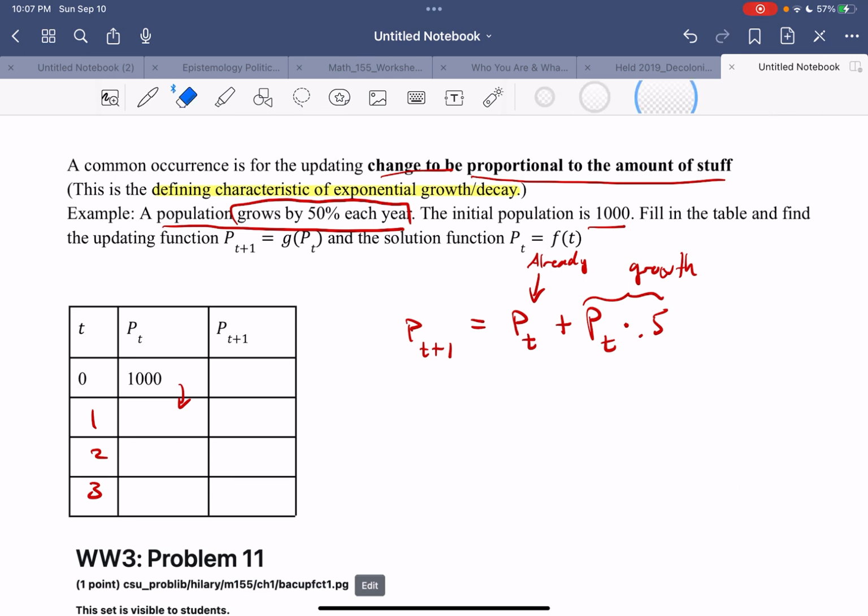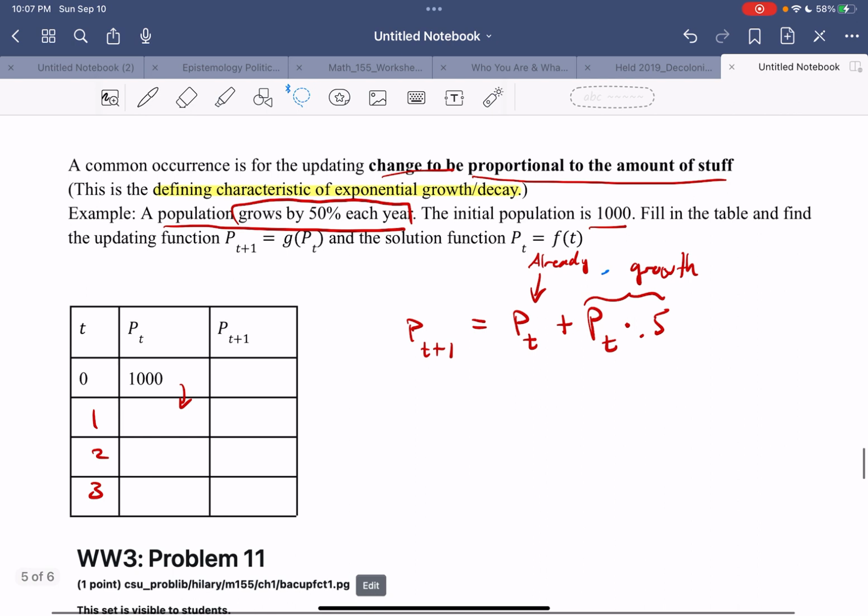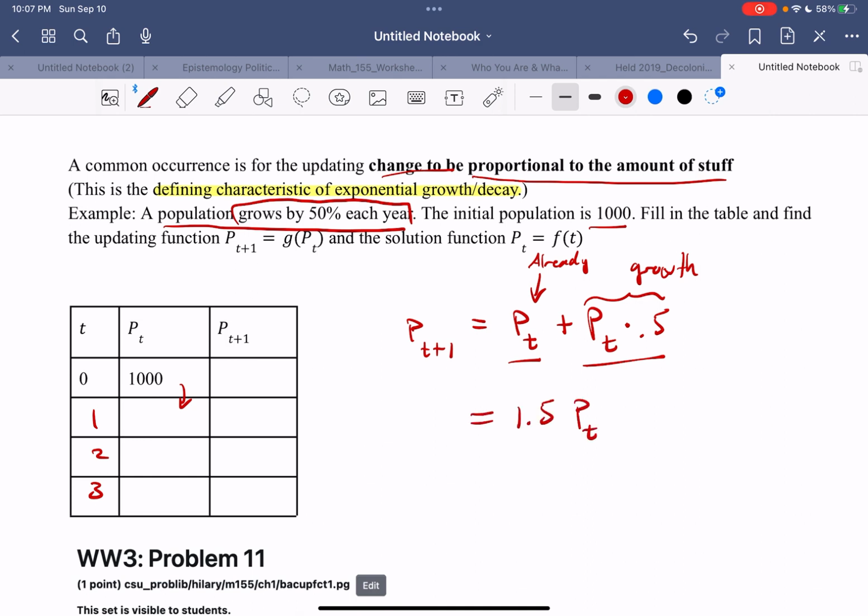So the total new population, sorry, when I was talking about growth earlier, I was only looking at this part, right? And so I wasn't talking about the new population. But now I'm talking about the new population. So we have the stuff that's already existing plus the new stuff. So what is this? This is 1.5 P of t.